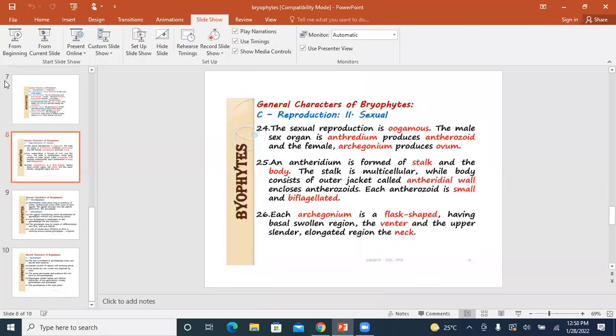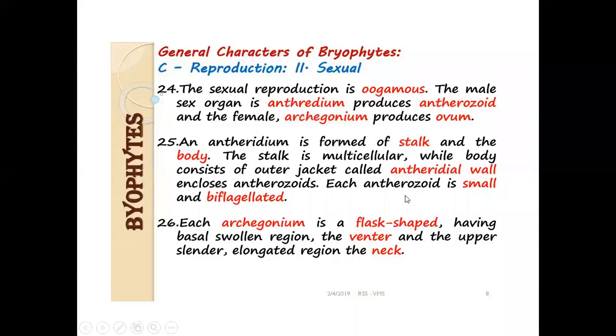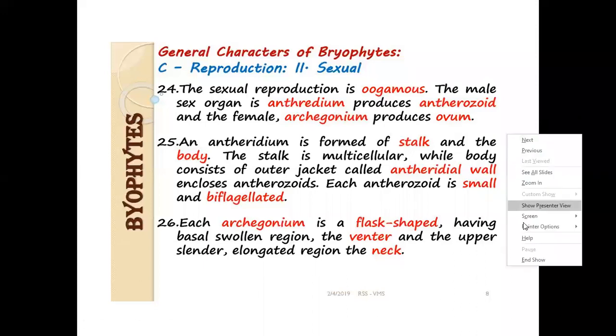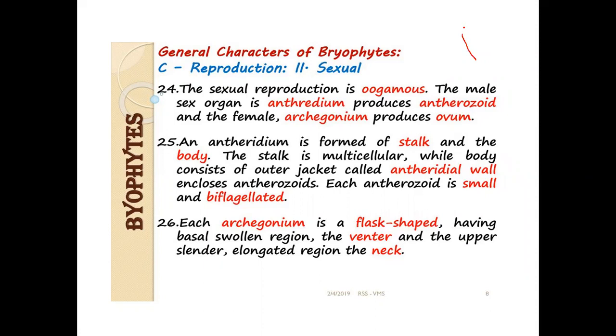Wait a minute, I'll take the pointer. Club shaped means the antheridium looks like this. You can see this drawing. It looks like a globose shape, which we call club shaped.